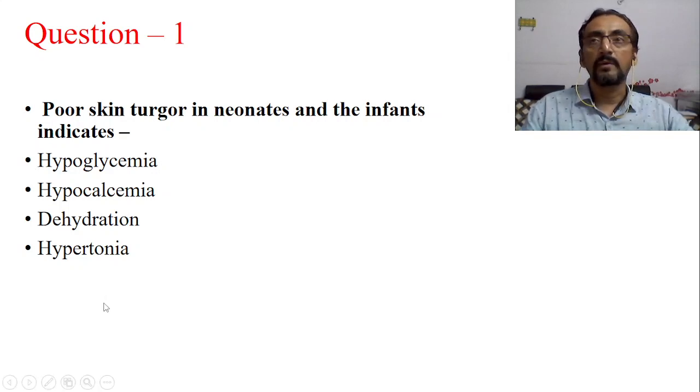So if normal saline is given in excess, more than the requirement, it may lead to hypernatremic dehydration. That is also very dangerous. You don't have any poor skin turgor, etc. The skin is very tough, just like doughy skin, and it is very difficult to identify that there is some dehydration.